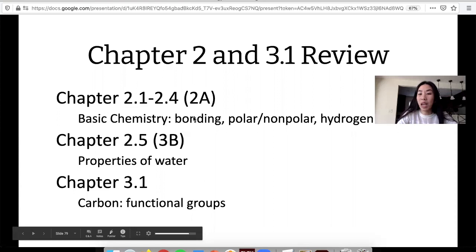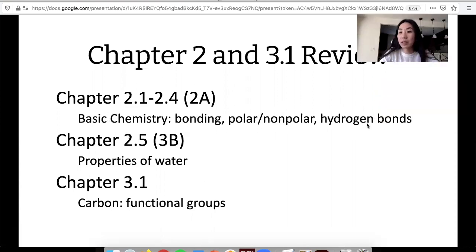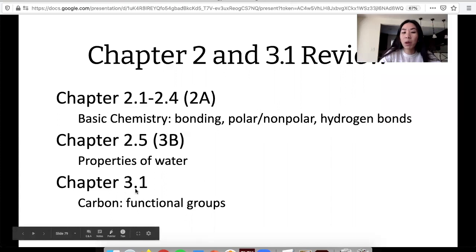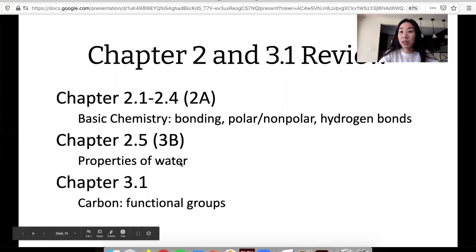This was the basic chemistry, so reviewing bonding, polar, nonpolar, and hydrogen bonds. Chapter 2.5, this is a big one. This was properties of water. I included the key slides for these topics. And 3.1 was carbon and the functional groups, which we talked about today, but I just wanted to remind you that you should still study water, properties of water.